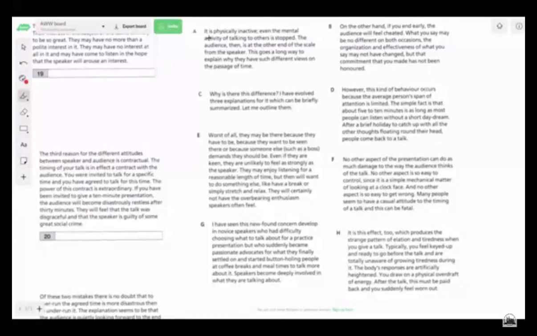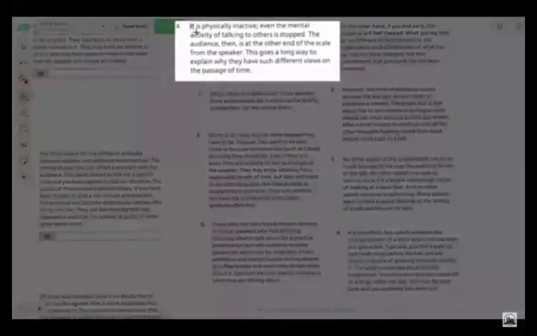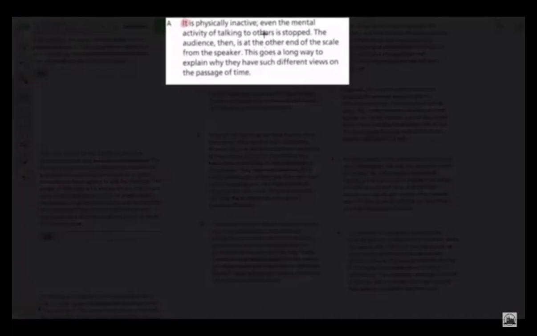All right, so answer A starts with "it is physically inactive." That has to refer to something that came before in the text, so that's going to help me to slot it into place.